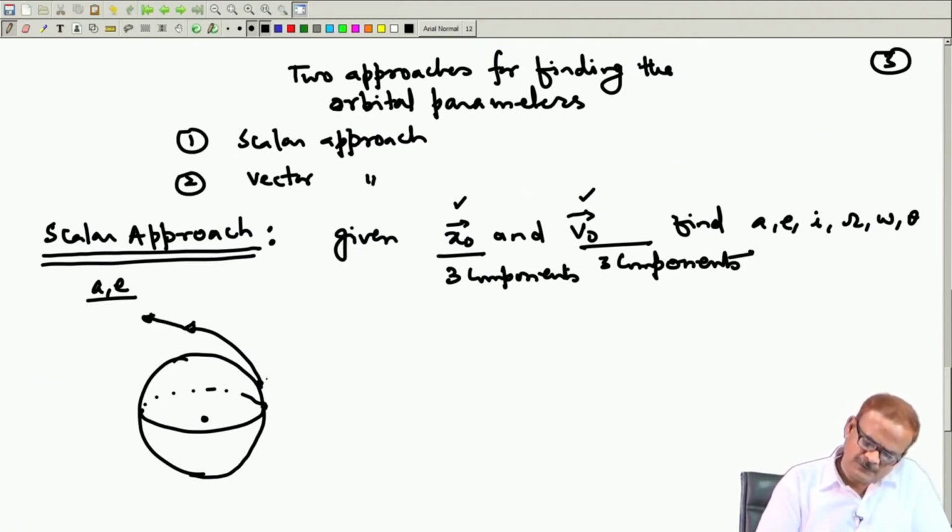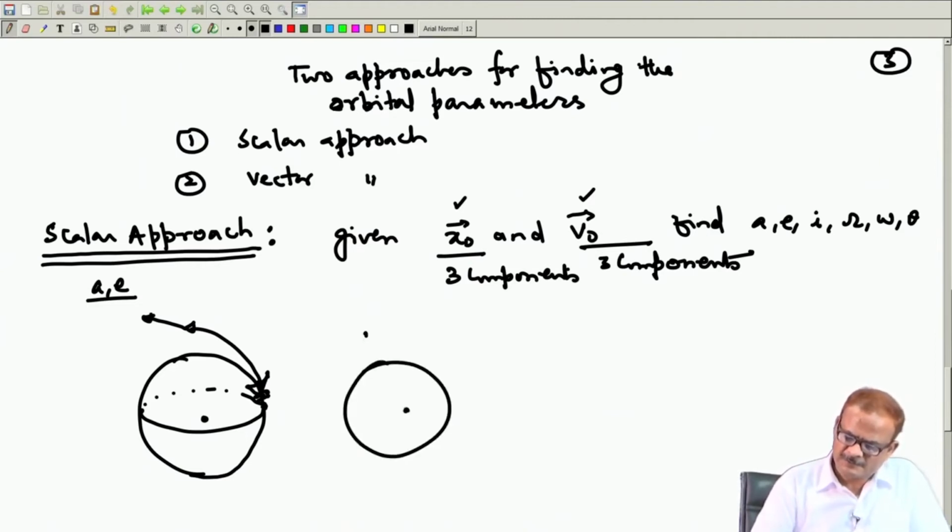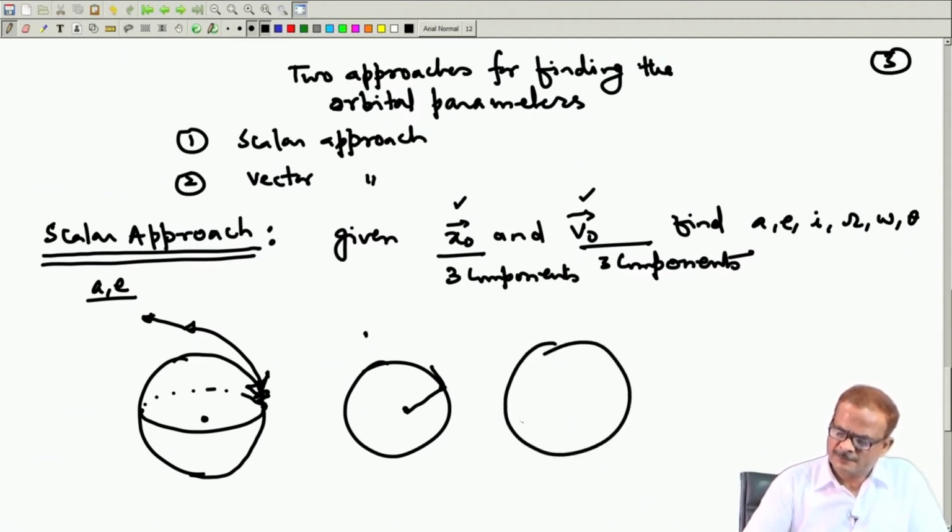From the ground station, a radar is continuously monitoring the distance. On the surface of the earth at this point, one reference frame will be fixed.